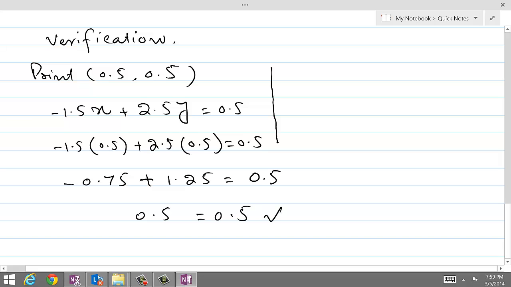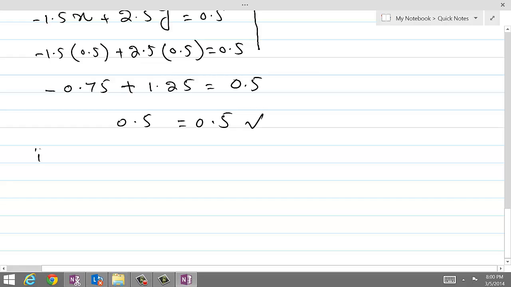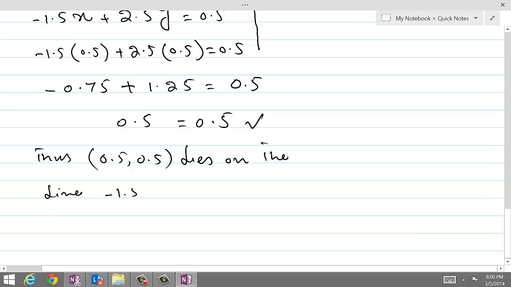So the verification for line 1 is done, and it is clearly the point (0.5, 0.5) is on line 1. Thus (0.5, 0.5) lies on the line minus 1.5x plus 2.5y equal to 0.5.